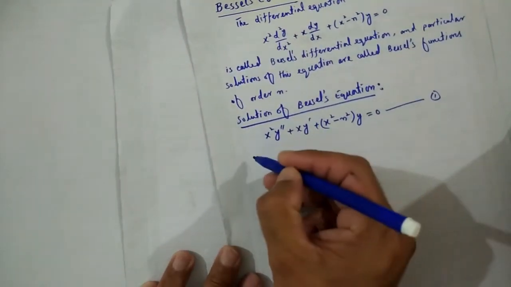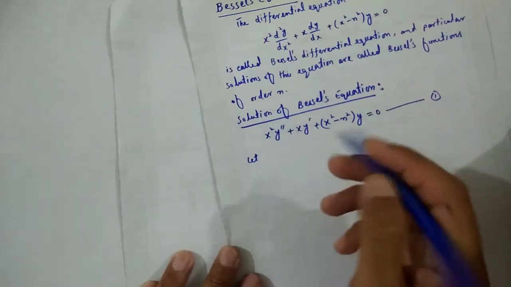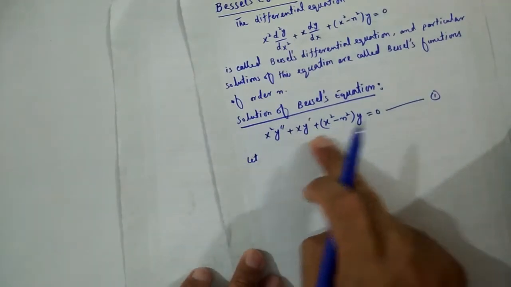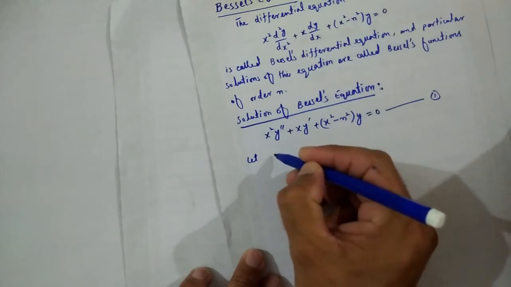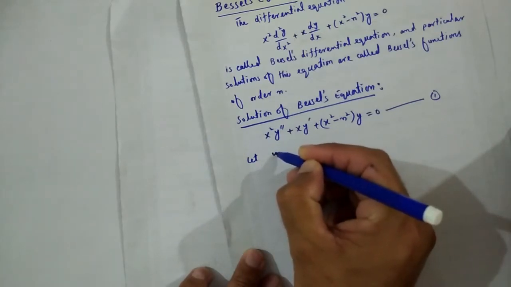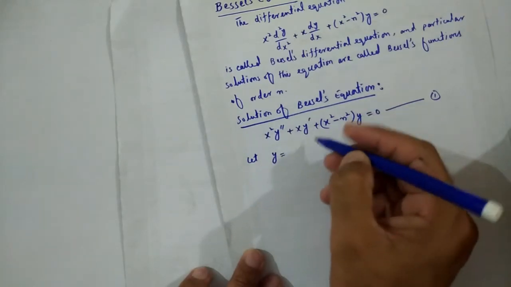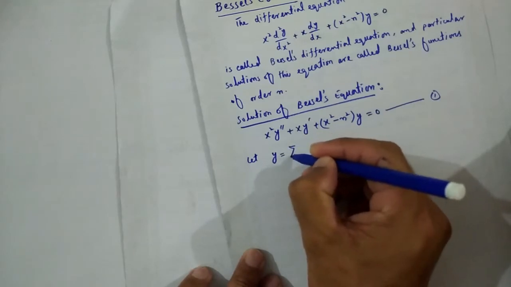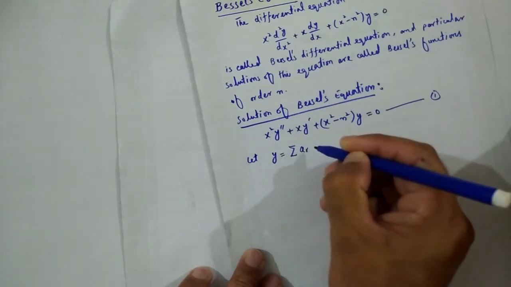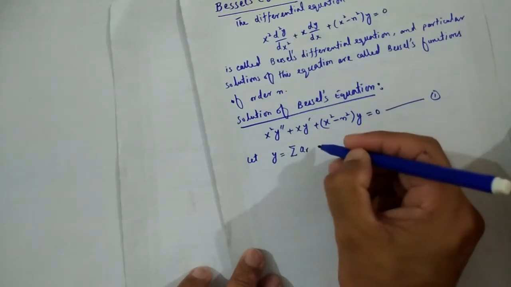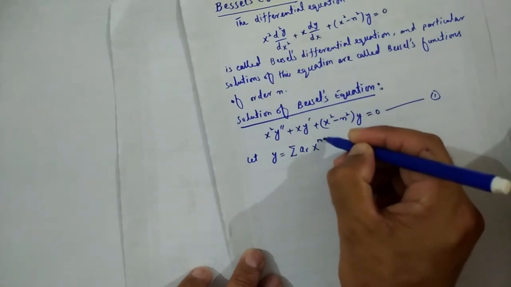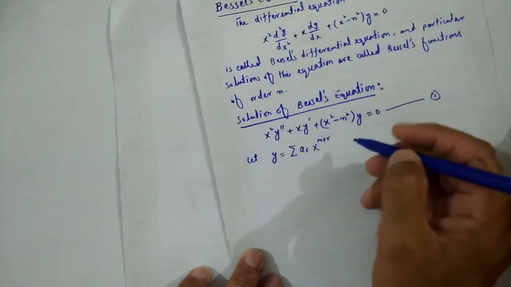So let the series solution of this differential equation be considered of the form y is equal to summation AR x to the power m plus r.